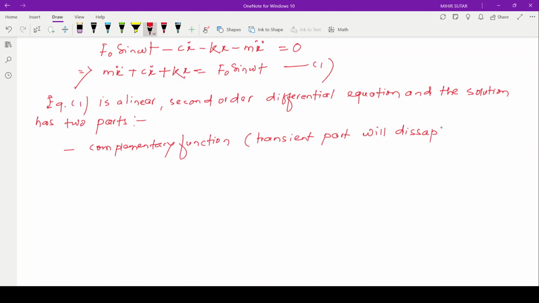And the second part is a particular integral.